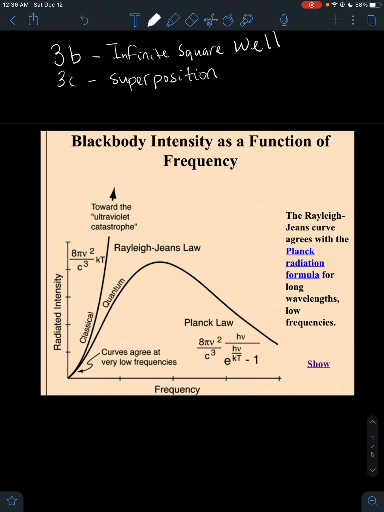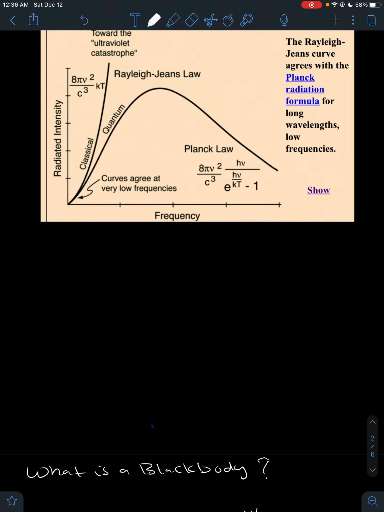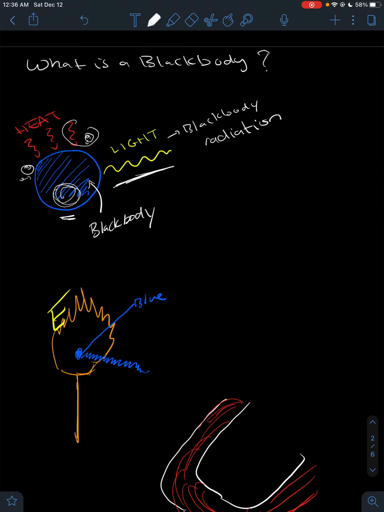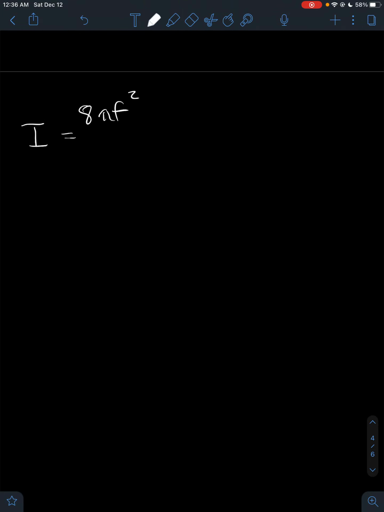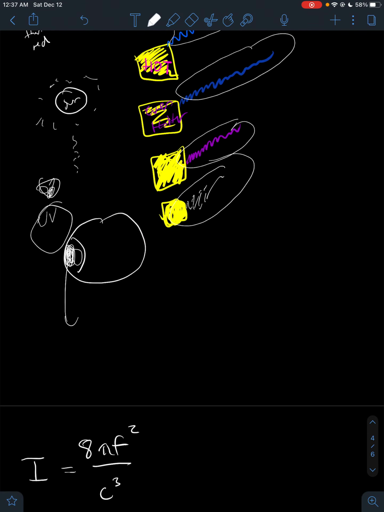Let's actually put this down in actual mathematics. The intensity of the light that is emitted from a black body is equal to 8 pi times the frequency of that light, frequency squared, over speed of light cubed, times kT.